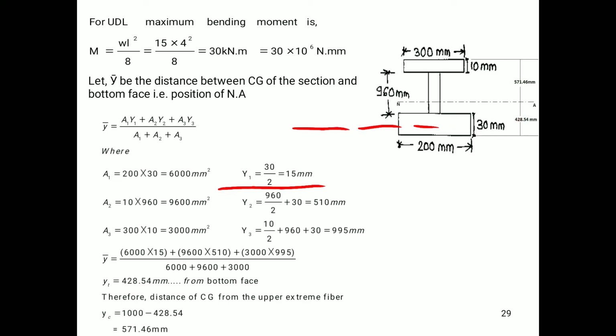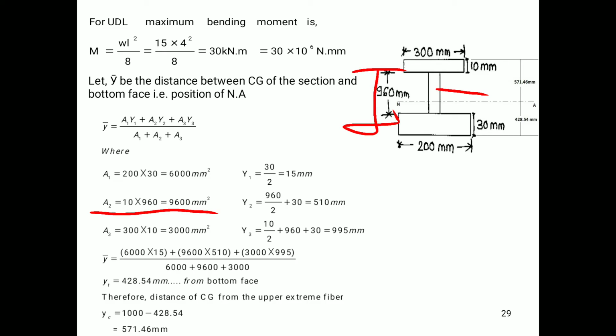Now we are going to concentrate on section 2 of the I section. For section 2, we have width equal to 10 mm, whereas depth equal to 960 mm. The width is 10 mm because the upper flange is 300 mm in width, whereas the bottom flange is 200 mm in width.